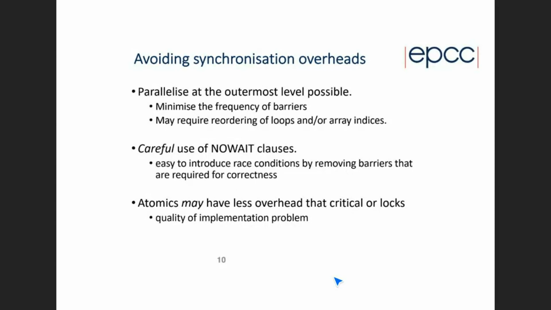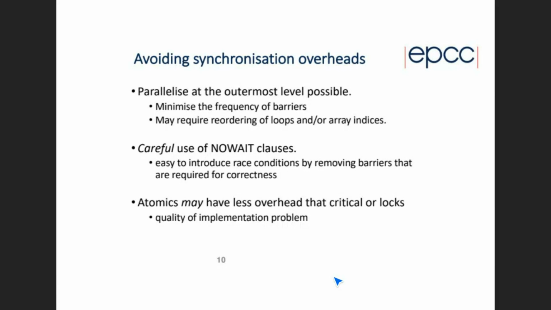That's not necessarily the easiest parallelism to exploit. Depending on the way code is written, the easy parallelism may actually be the innermost loops in some cases. But if all your parallelism is coming from innermost loops, you can end up with a lot of barriers, and those absolutely completely dominating the performance.